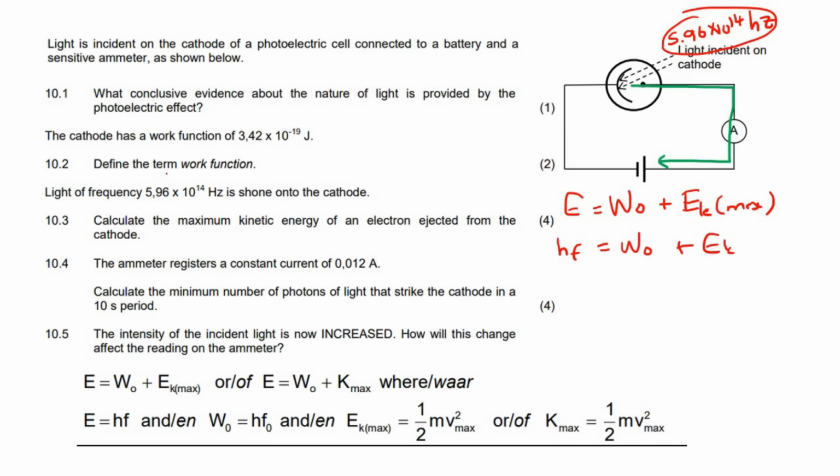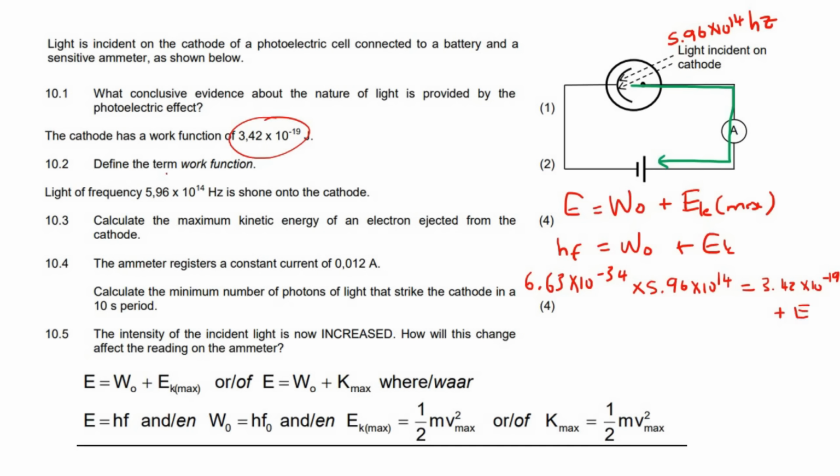So we can use Planck's constant now. This is the Planck's constant that you get on the formula sheet: 6.63 times 10 to the negative 34, times the frequency of the light, 5.96 times 10 to the 14, equals the work function, 3.42 times 10 to the negative 19, plus the EK.